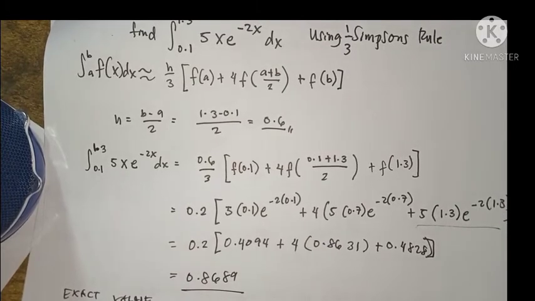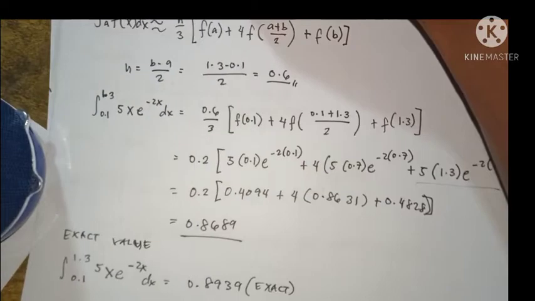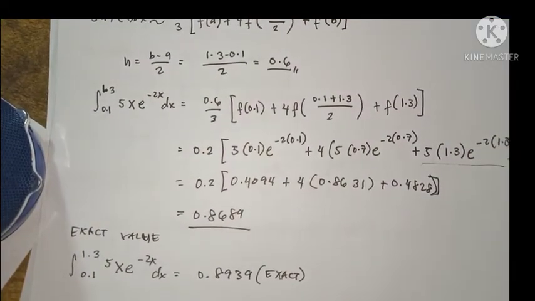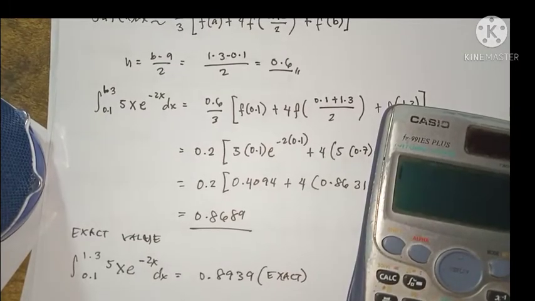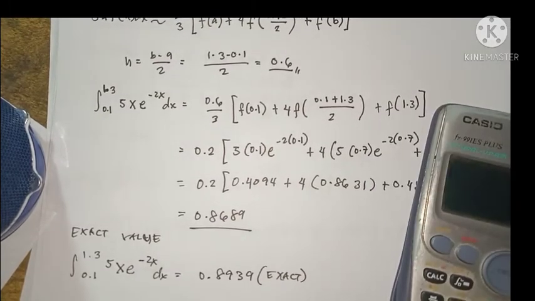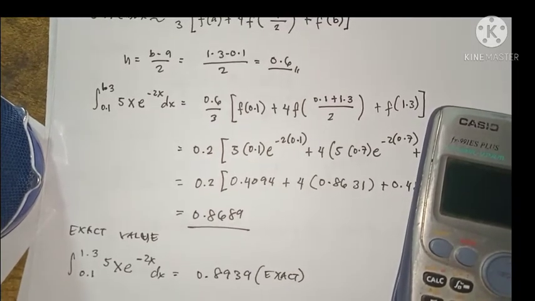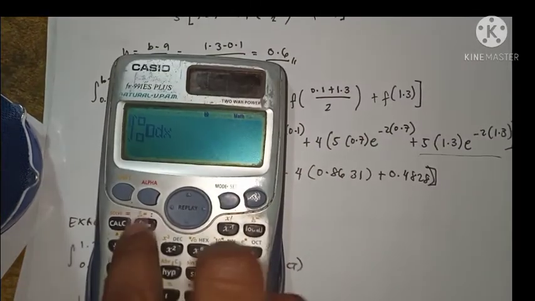So the exact value: to solve the exact value, the integral from 0.1 to 1.3 of 5xe raised to negative 2x is 0.8939. Let's compute to check.